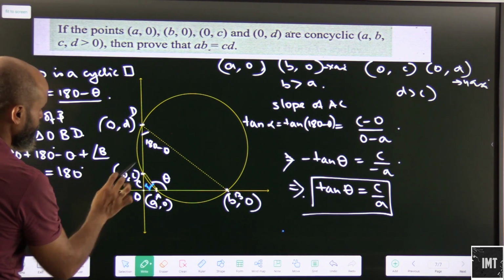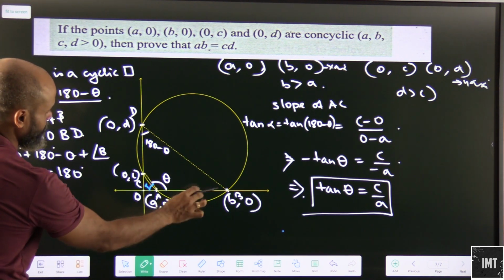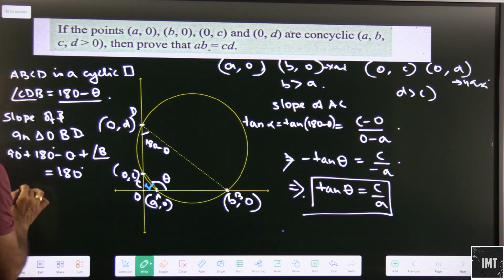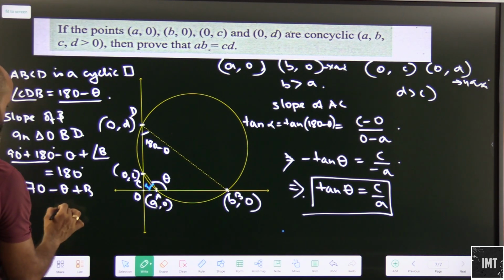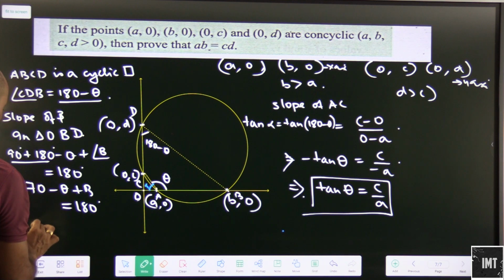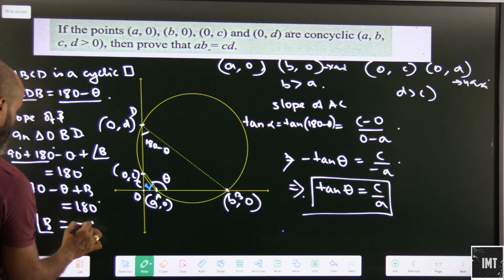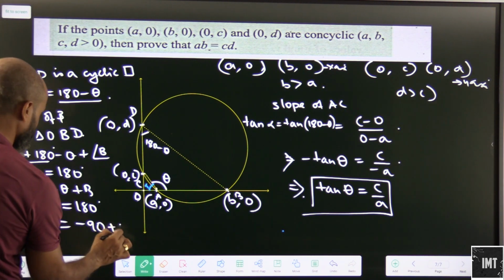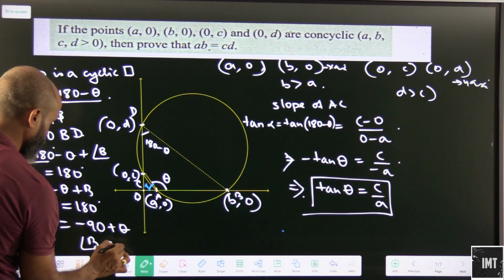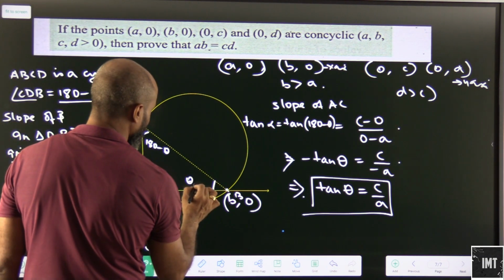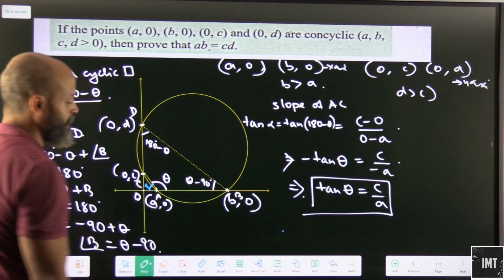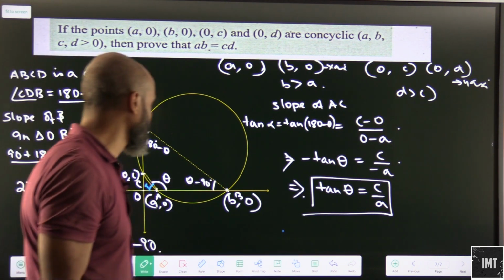So this will be 270 minus theta plus B is equal to 180. So angle B will be equal to 180 minus 270, that is minus 90 plus theta. So angle B will be equal to theta minus 90.